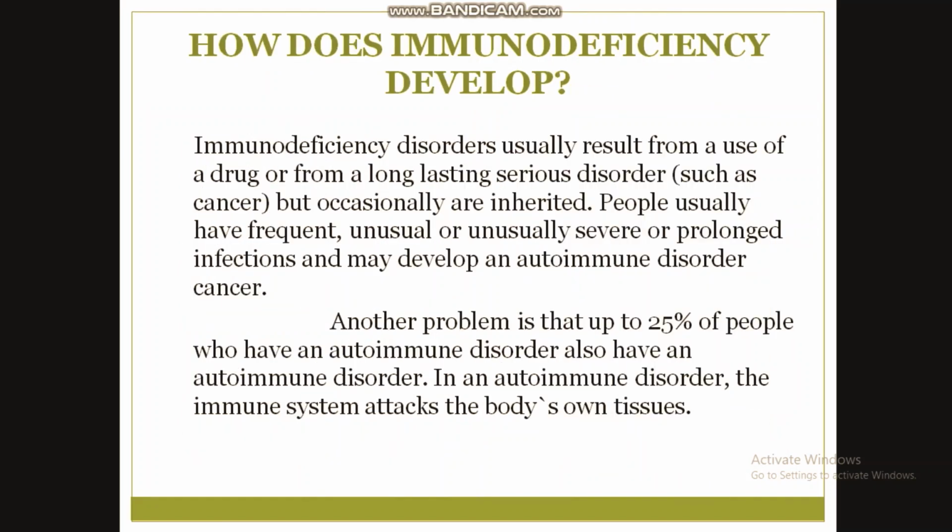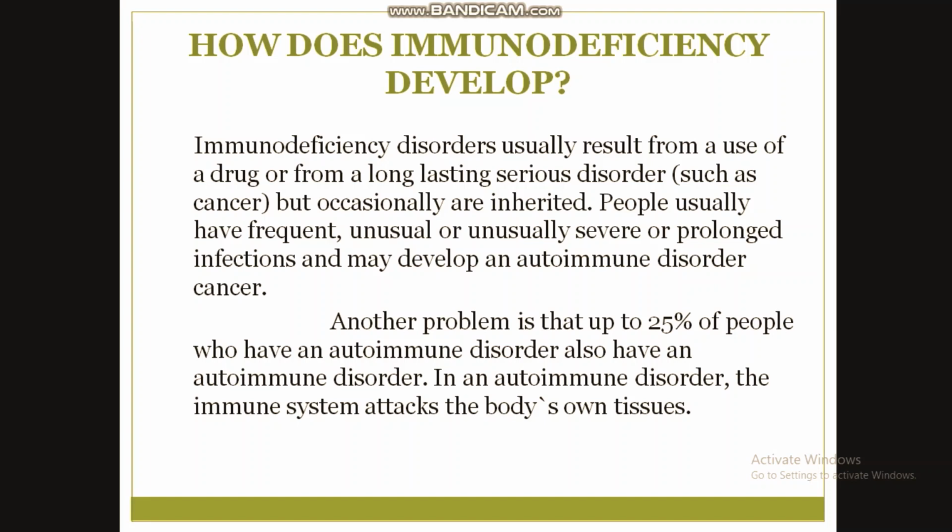After this, we will talk about how immunodeficiency develops. Immunodeficiency disorders usually result from the use of a drug or from a long-lasting serious disorder such as cancer, but occasionally are inherited. People usually have frequent, unusual, or unusually severe or prolonged infections and may develop an autoimmune disorder, cancer.